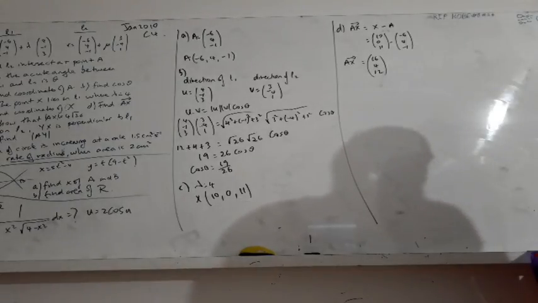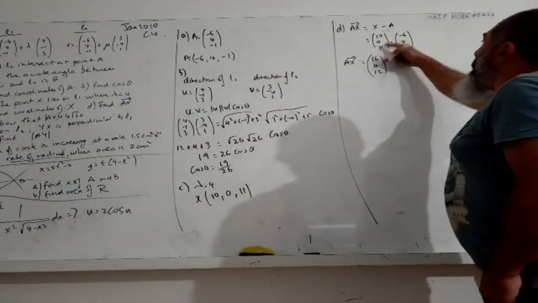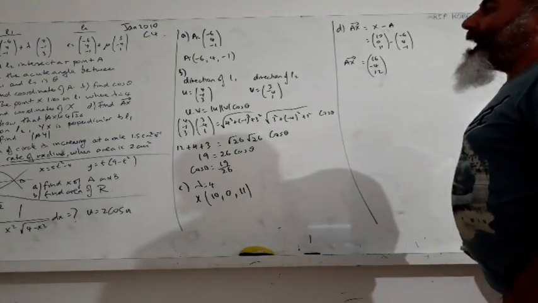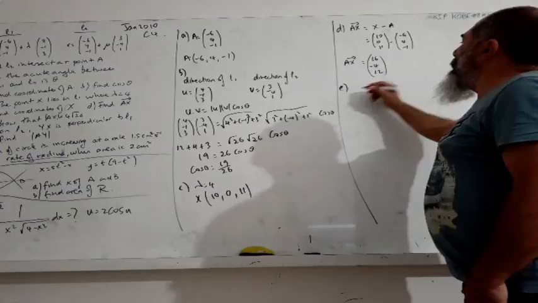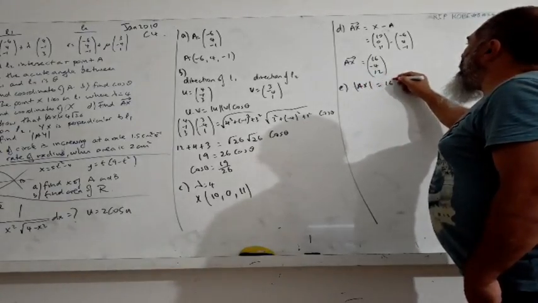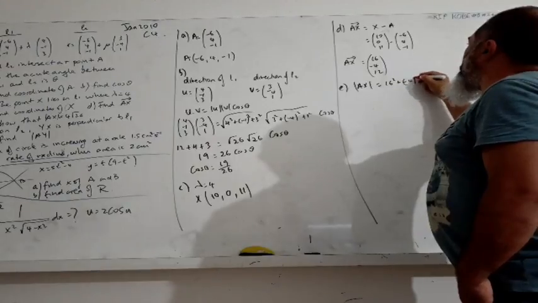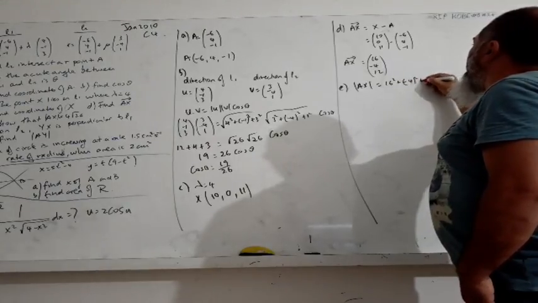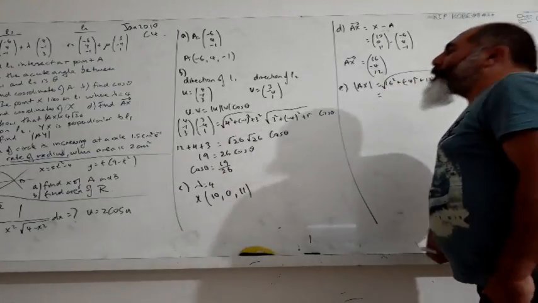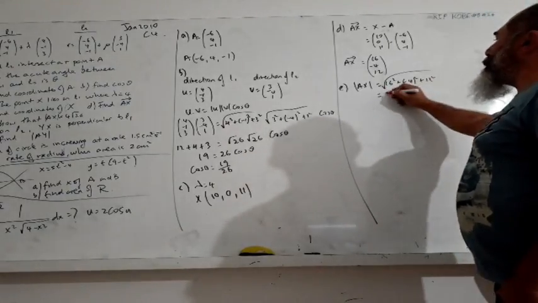Zero minus 4 is minus 4. Show that the magnitude of AX is equal to the square root of 16 squared plus minus 4 squared plus 12 squared. The magnitude of AX is equal to 4 root 26.